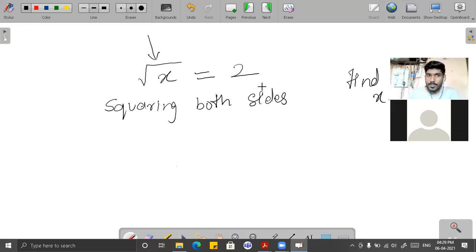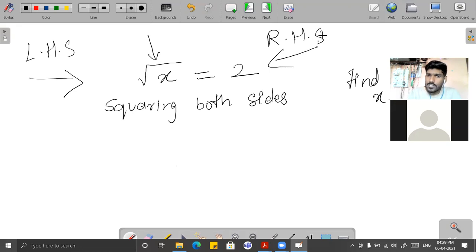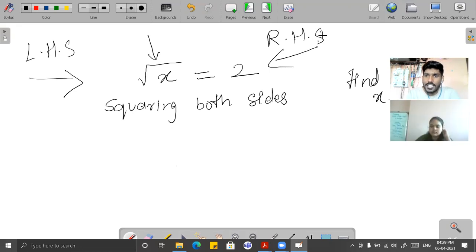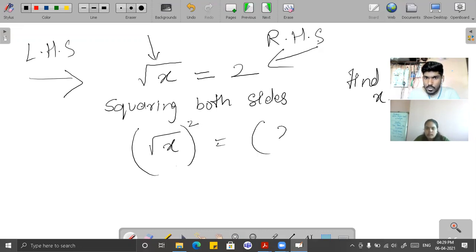Squaring both sides means whatever is there on the right hand side and the left hand side of the equation, LHS and RHS, you square it. So root x the whole square equals 2 the whole square.